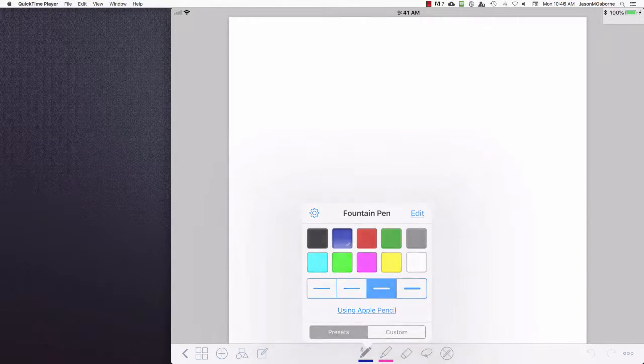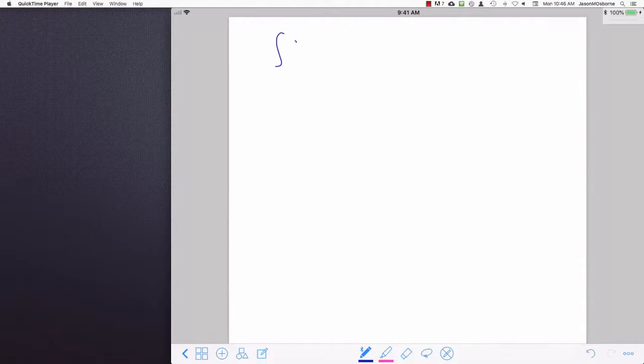So let's recall the meaning of the line integral of some scalar function along a curve C. It is the integral from time t equals a to t equals b.